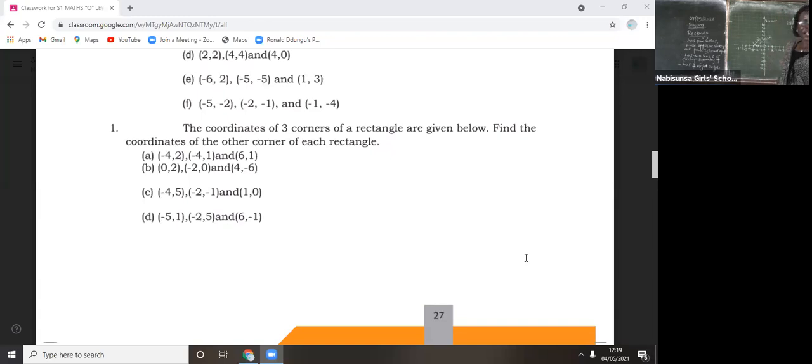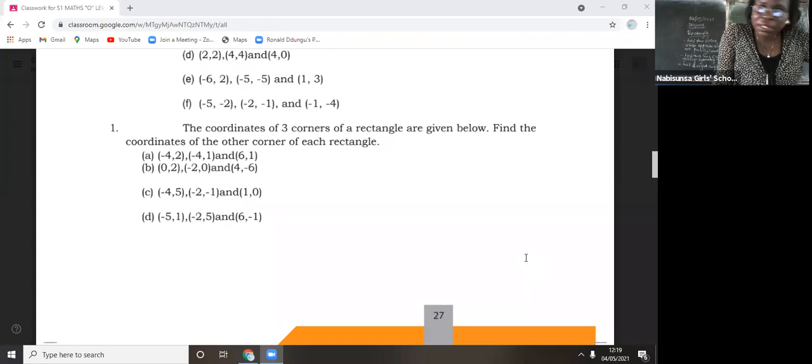Speak louder, Josephine. The members are listening. For the C, they are given negative 4 and 5, negative 2 and 1, and 1 and 0. Where do you put the number for 1 and 0? 1 is the X coordinate, 0 is the Y coordinate.